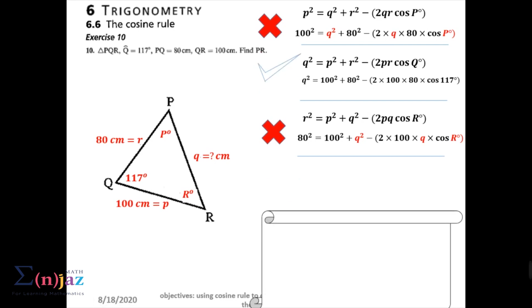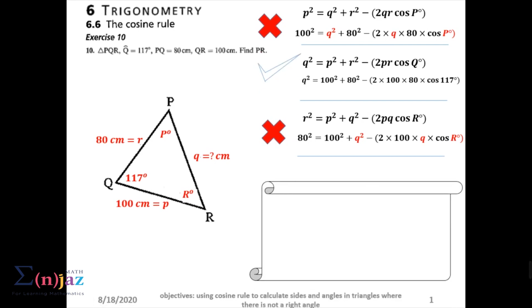All we need to do here is insert this into our calculators and we find Q squared, and then square root each side, and you're going to end up with Q equal to 153.8305821 centimeter, because all dimensions here are given to me in centimeter.